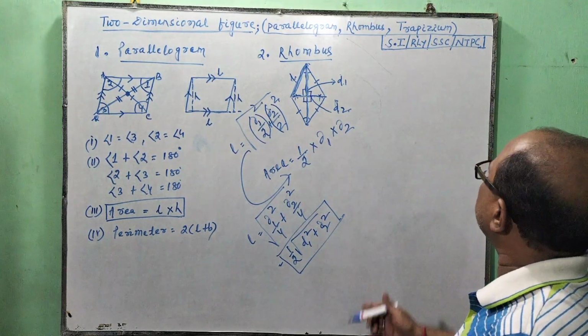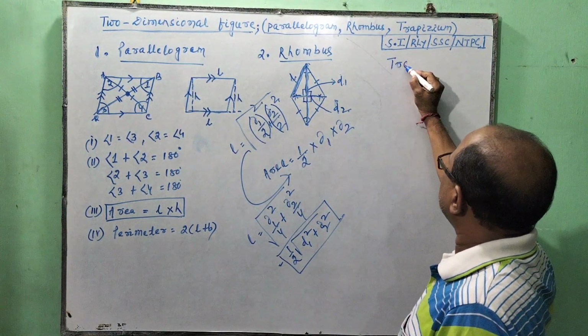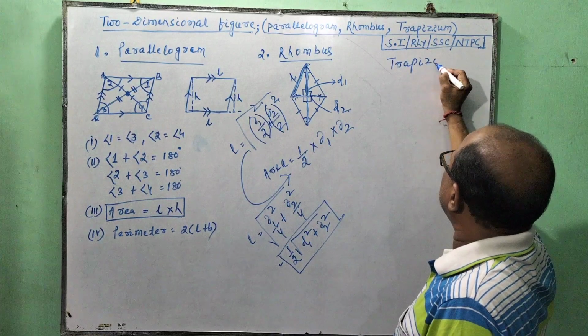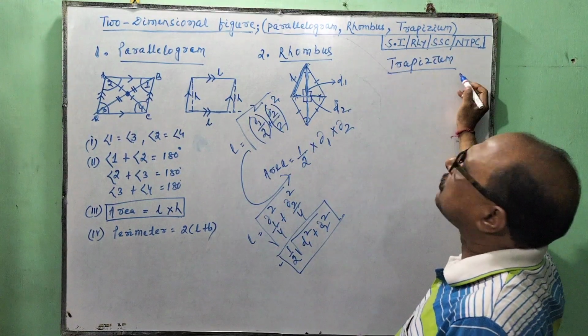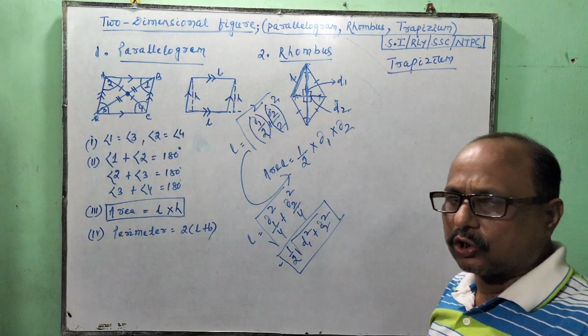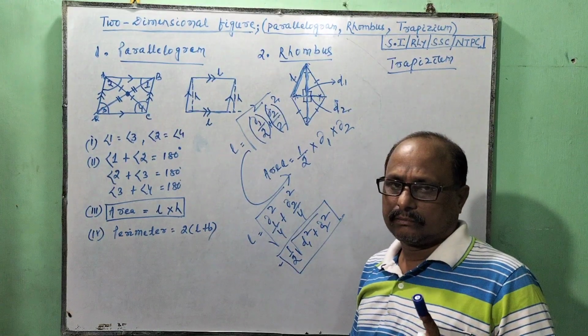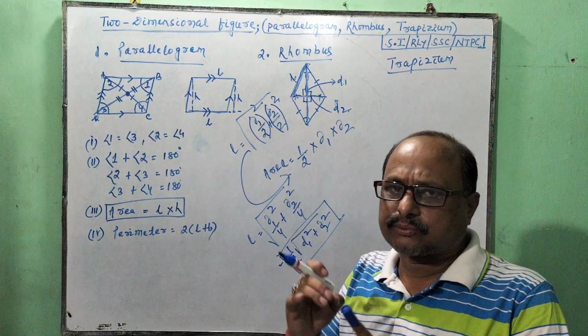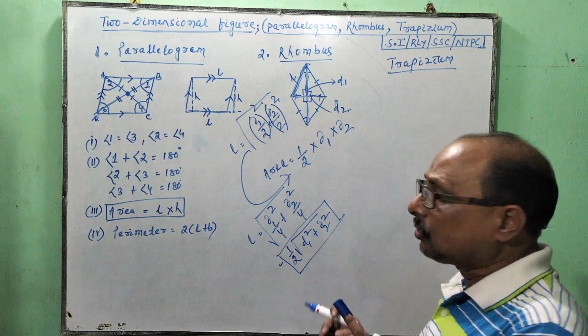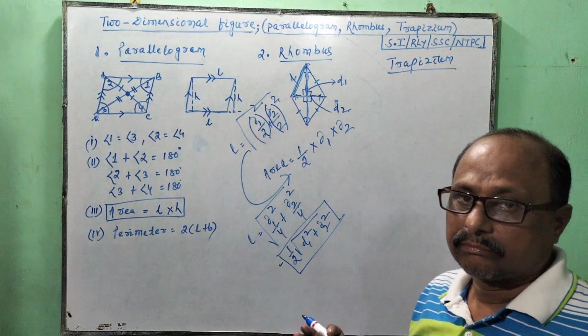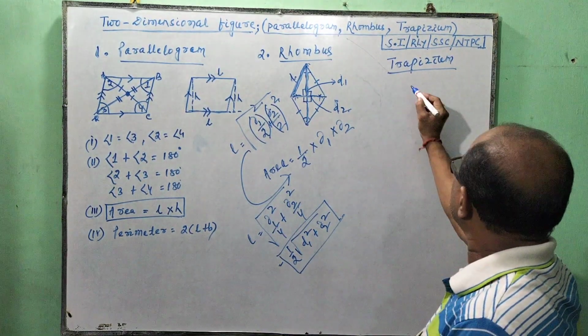Then we move to trapezium. Trapezium is also a quadrilateral in which one pair of sides is parallel. Very much clear. So trapezium is like this.